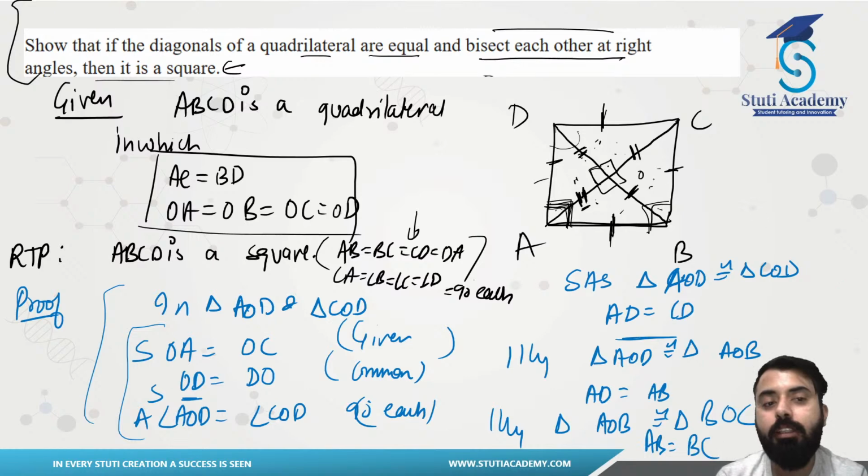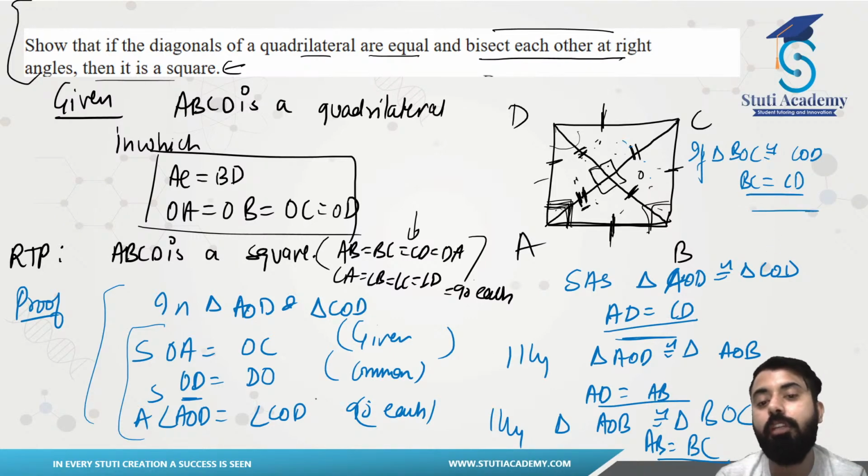And lastly, if triangle BOC becomes congruent to COD using the same methods, you can easily say BC is equal to CD. Then you have AD is equal to CD, AD is equal to AB, AB is equal to BC, BC is equal to CD. Ultimately, you can say this proof is done: AB is equal to BC is equal to CD is equal to DA. We have just proven this.